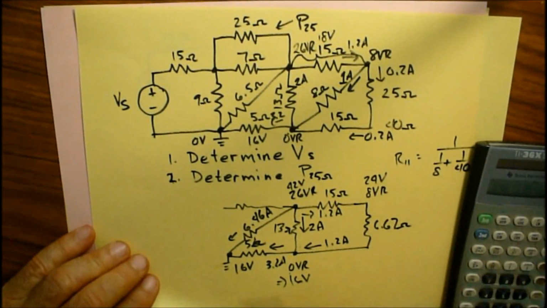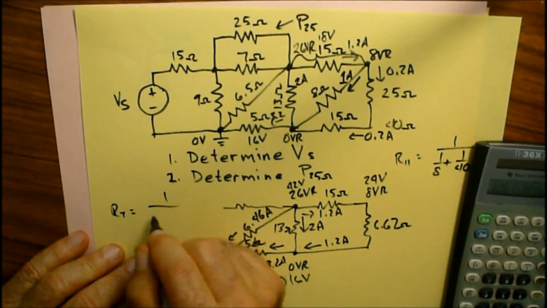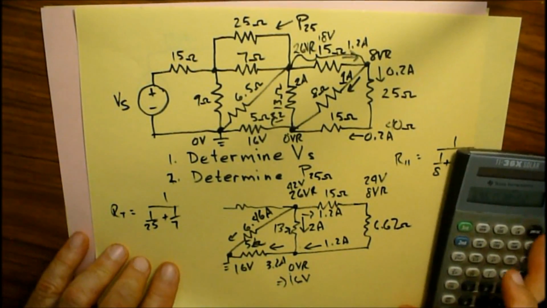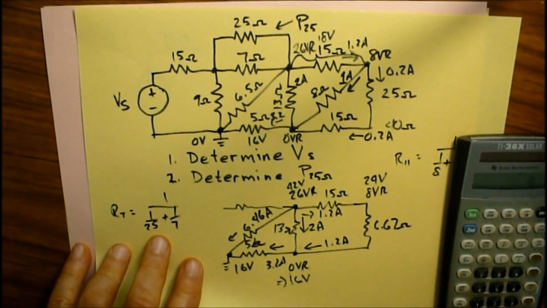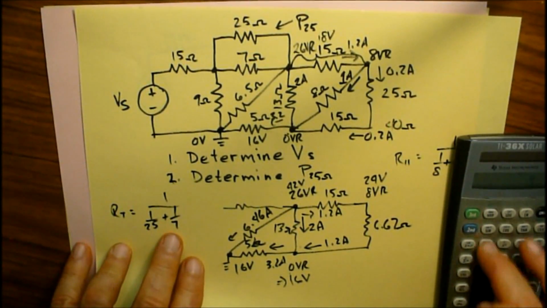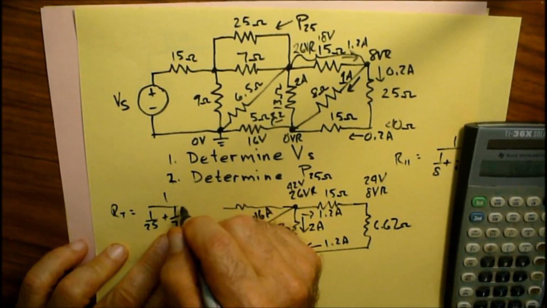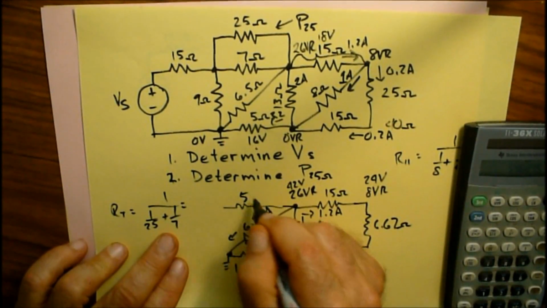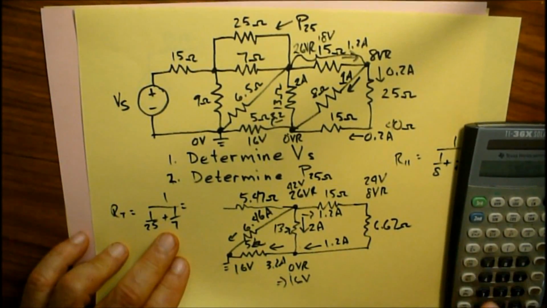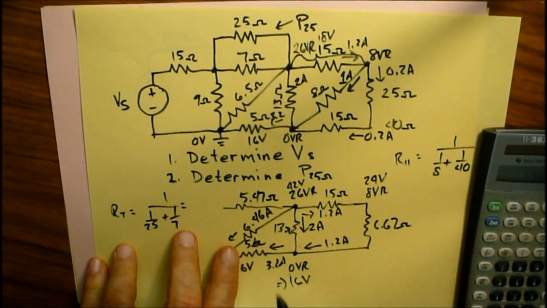So 1 over RT is equal to 1 over 25 plus 1 over 7, and that gives me 5.47 ohms roughly. I'm going to store that because that's going to give me an actual even number somewhere.